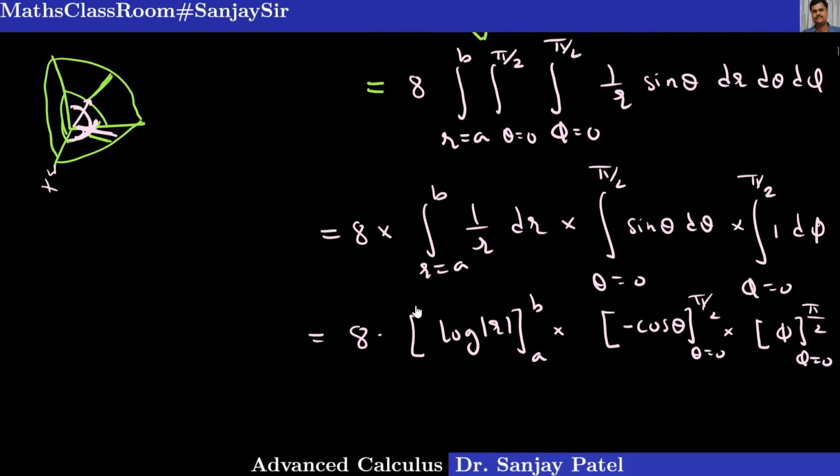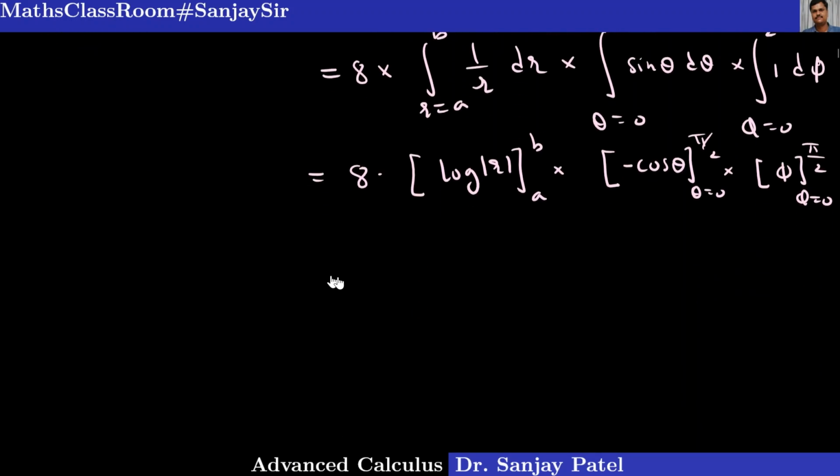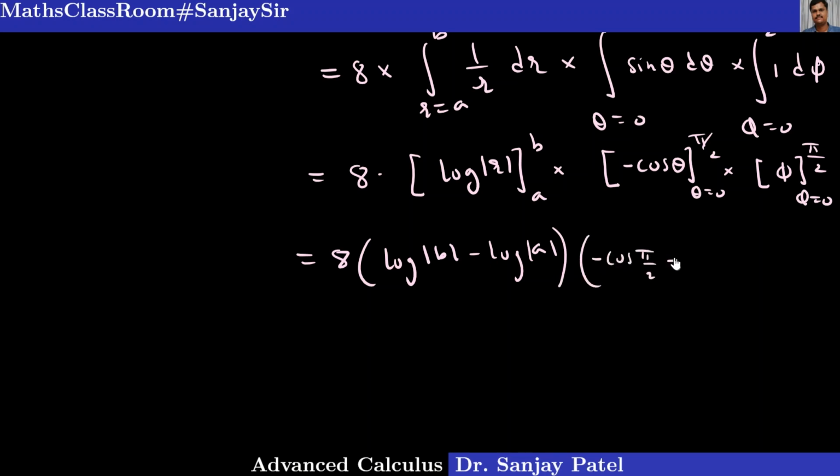So just simplifying this, what we are going to get is 8 into log of mod b minus log of a, into minus cos pi by 2 minus minus plus cos 0, into pi by 2 minus 0 for the third integral.